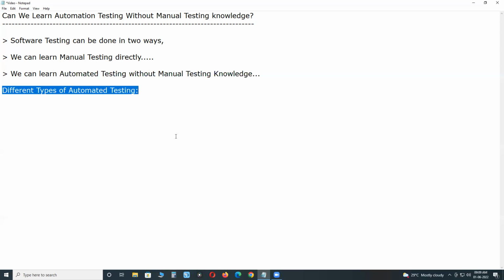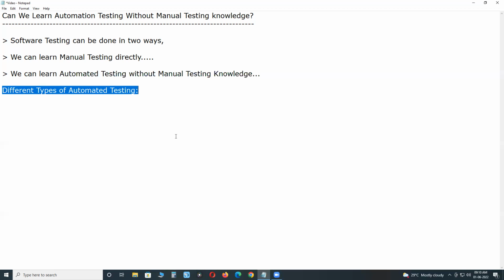Different types of automated testing. We have different types of automated testing. Automated functional testing is the major area in automated testing. It has nearly 65% market share.